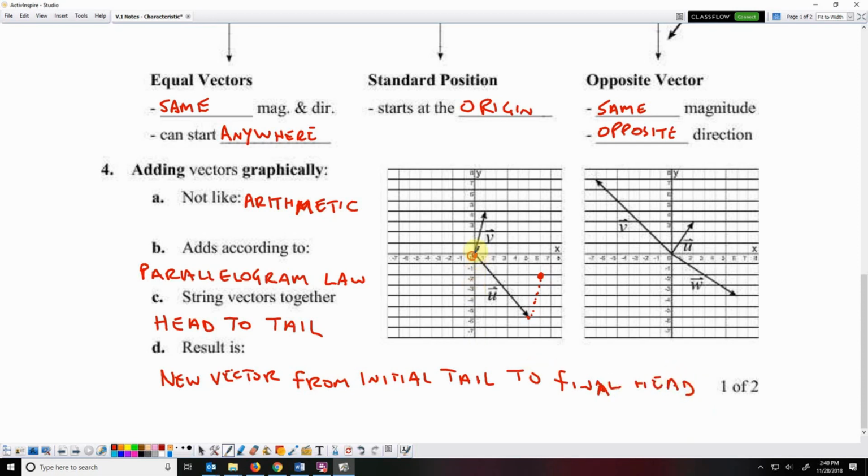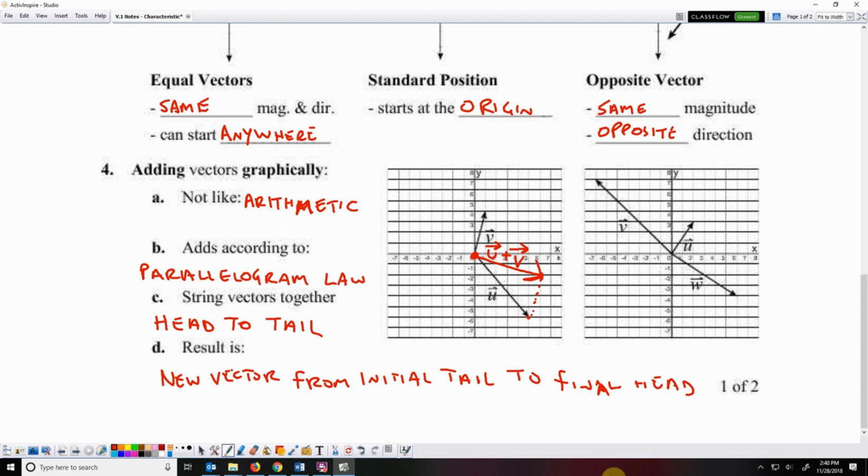So the initial tail is where it all started. The final head is where I ended up when I moved this one down to here. So here is the resulting vector. So this is vector u plus vector v.